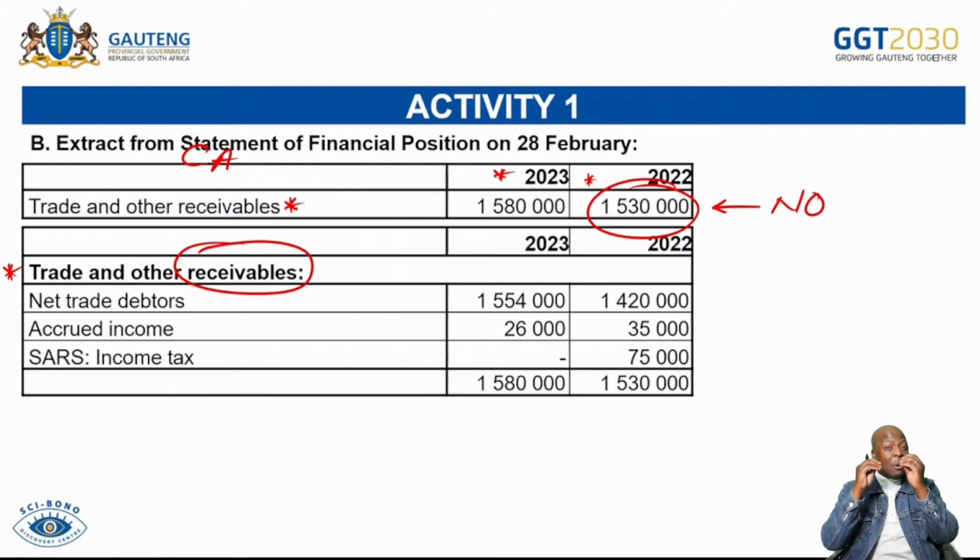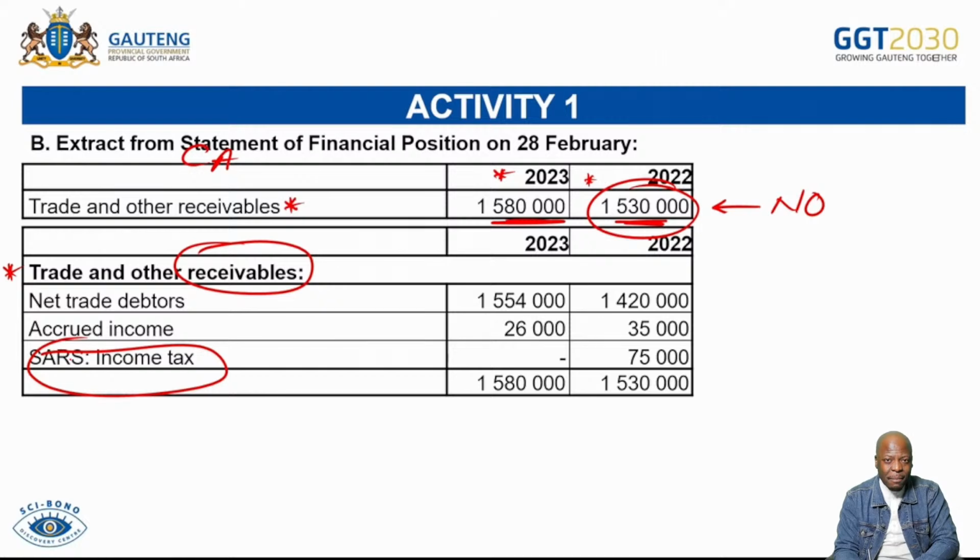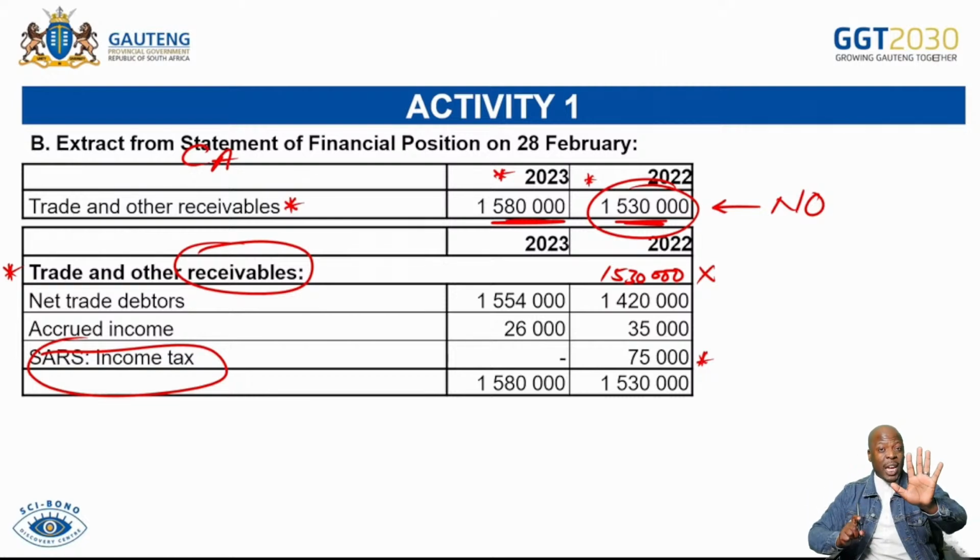You must avoid looking at this figure and this figure, because these figures include certain amounts that must be shown separately on the face of the cash flow statement, such as what, Mr. Timby? Such as your SARS income tax. So if you use that 1,530,000 here, that would be very wrong, because it includes SARS income tax, which must be shown separately on the face of the cash flow statement.